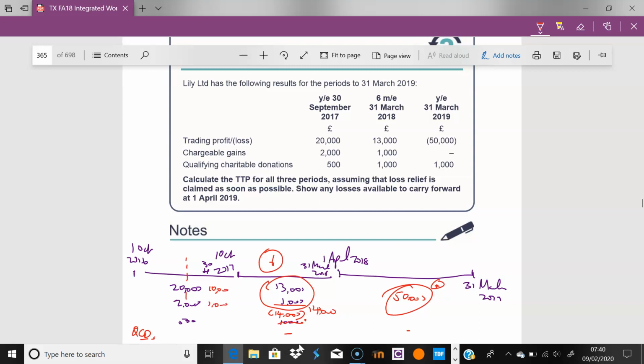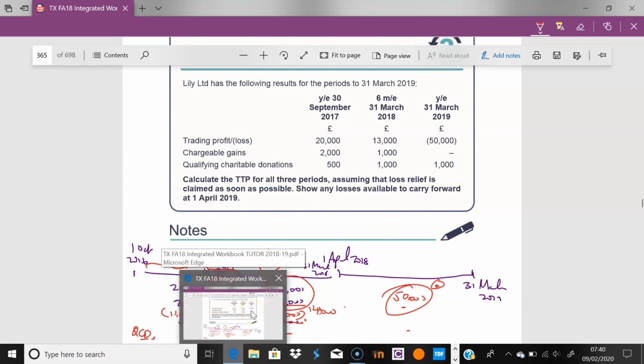So I can use losses up to 11,000 against this period, because that's 6 months. So from this 50,000, I can bring back 11,000 against this.